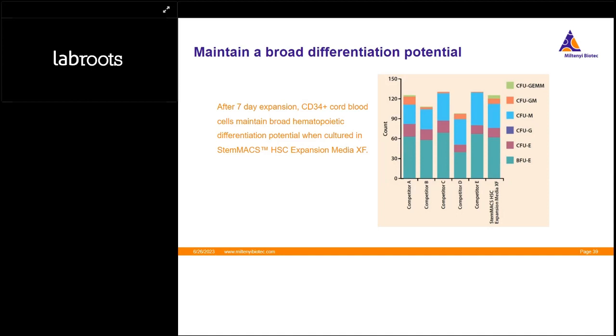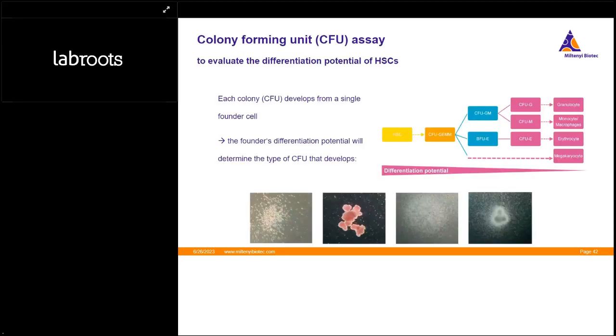So with that, it's time for us to go deeper and review the CFU assay, which is the colony forming unit assay. You might know this is a very typical assay. People tend to use it to differentiate the HSC from a single cell into a cluster, and they form different kinds of clusters that have different morphology under the microscope.